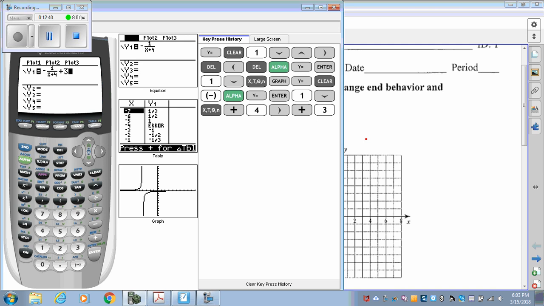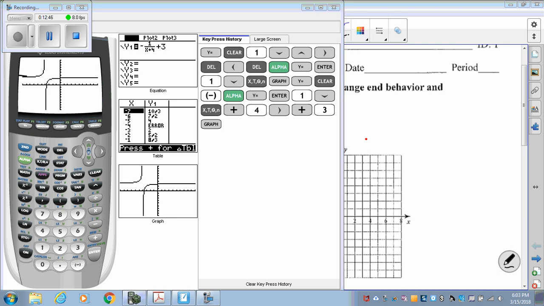So look at the graph. And sure enough, it is reflected, because the negative x's are now positive. So there's my reflection. And then here is my vertical asymptote, at x equals negative 4.